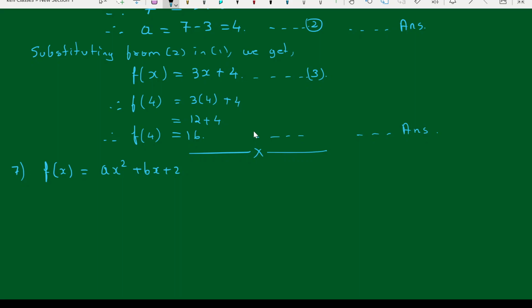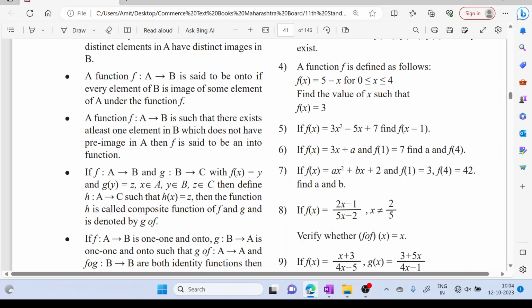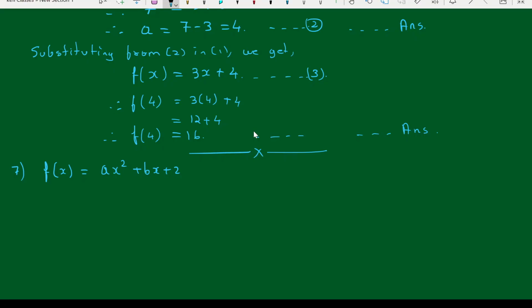Further you are given f of 1 is 3, f of 4 is 42. So this is equation 1, equation 2, equation 3.